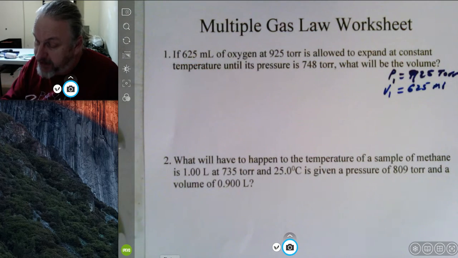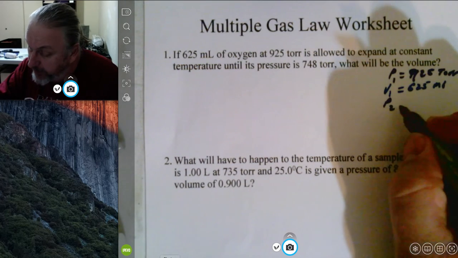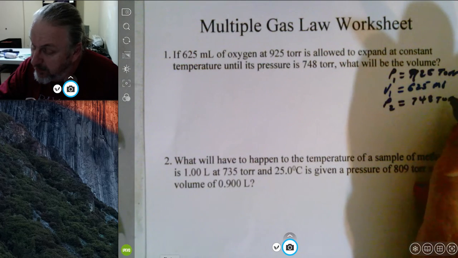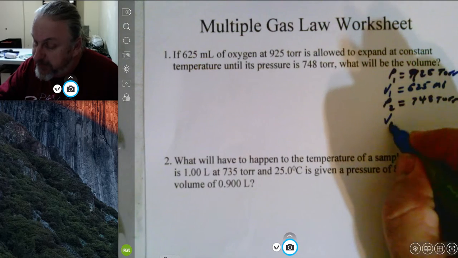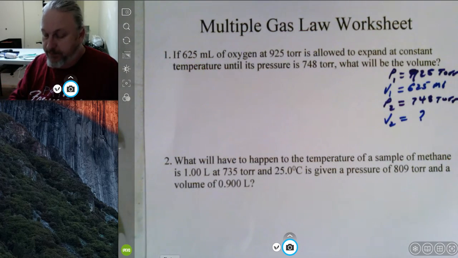And it's allowed to expand at a constant temperature, so I'm not going to have to worry about temperature until its pressure now is 748 torr. Okay, and what's the volume? Now this ought to be really easy for you guys now. Pressure, volume, what have we got?